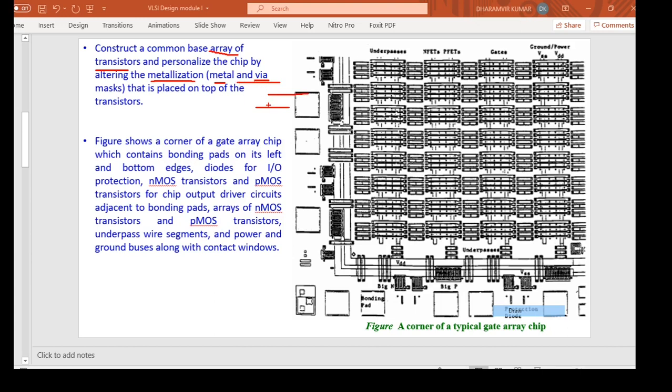So in this case, which consists of a 1, 2 and 3 metal layer IC, and these are connecting different components, different transistors, right? But if there is a need for a connection between the metal 3 layer and the metal 1 layer, then how do we connect this metal 3 with metal 1?